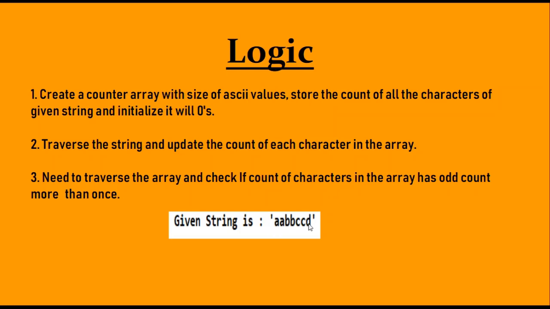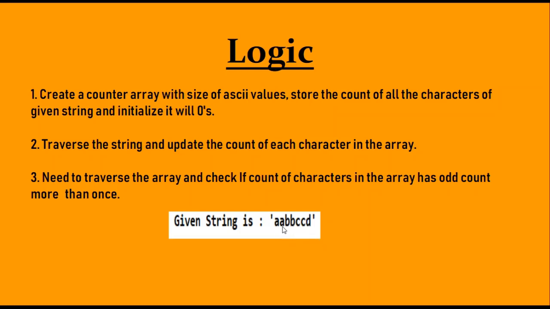The logic is simple. You need to check the array. In a given string, only one character should have a count of 1. If multiple characters have a count of 1, then definitely it is not going to be a palindrome.